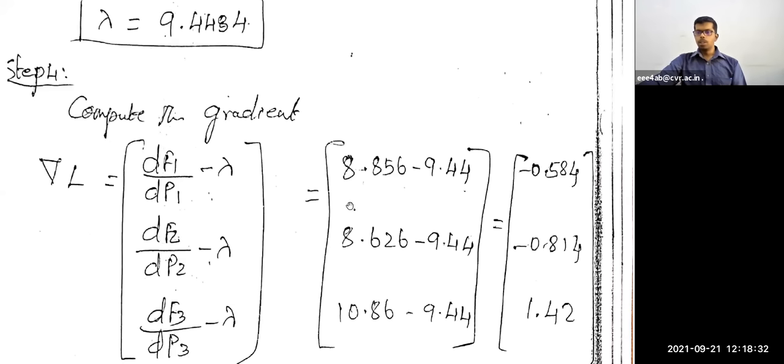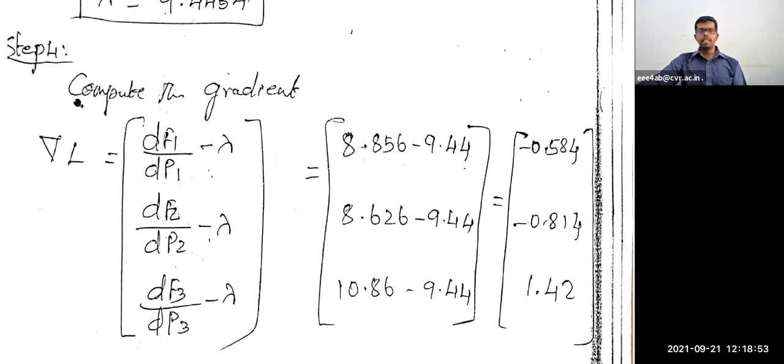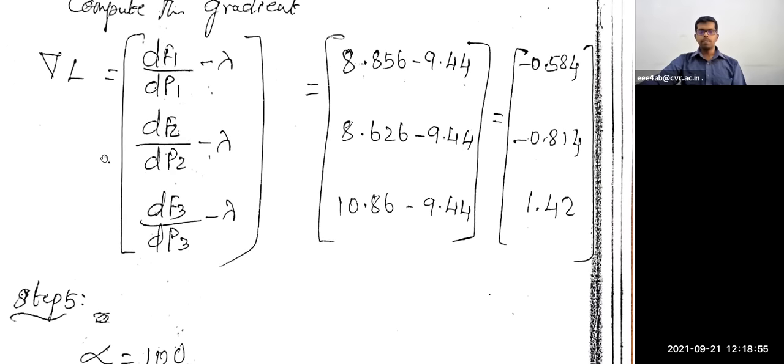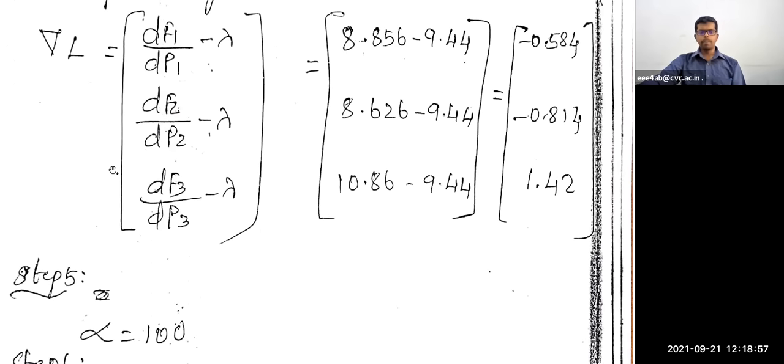If you substitute, you are getting values like minus 0.584, minus 0.814, then 1.42. Like that you are getting these values as del L, the gradient. Okay, so what is the next step? Step number 5 is you need to assume the scaling factor.